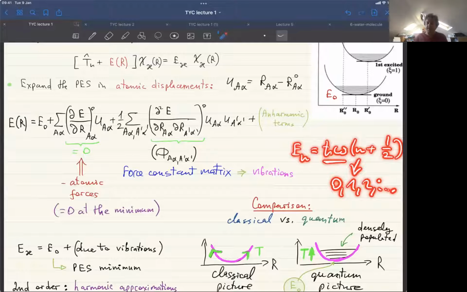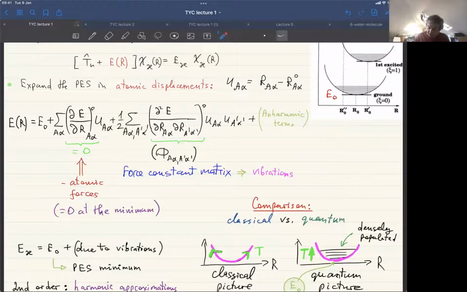In the multidimensional harmonic oscillator, because we have many degrees of freedom, many atoms, many displacements, we will have a slightly more complex picture, but essentially it is the same. We have vibrational frequencies, and we can excite these different vibrations up to any order we like.